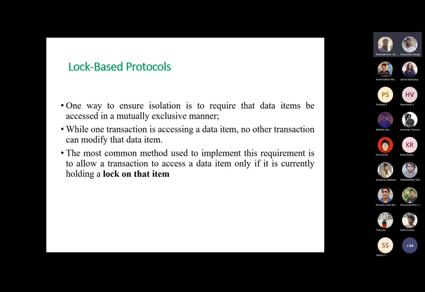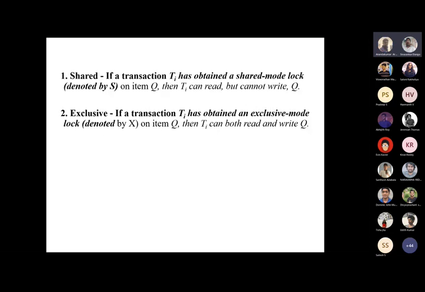We also have an exclusive mode lock, where a transaction that acquires an exclusive mode lock on a data item can perform both read operation and write operation on that data item. So this is how we describe the two types of locks.